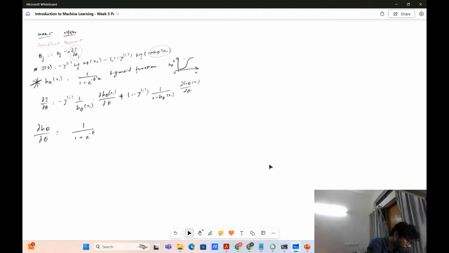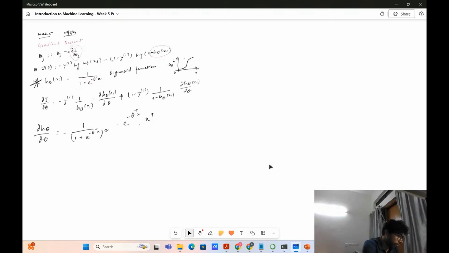That is e to the minus theta transpose x whole square, times the derivative of e to the power x, which is e to the power x times the derivative of theta, which is x transpose. Here again there is one minus sign, which will cancel with the minus that we got from here. So this minus minus would become plus: one minus coming from the derivative of this, another minus coming from the derivative of 1 by this thing. So this is the expression, right?